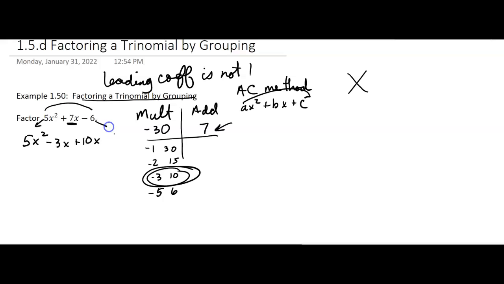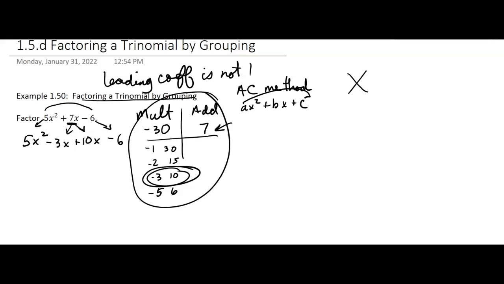And then you're still going to have the minus 6 at the end. Okay, so you're just taking the middle term and you're splitting it up. Now, how do you know how to split it up? I mean, why didn't I make it like 3 and 4 or 15 and negative 8? Well, that's why I did this work over here, was to find the right combination. If you find the right numbers though, then it's all going to work out for you.